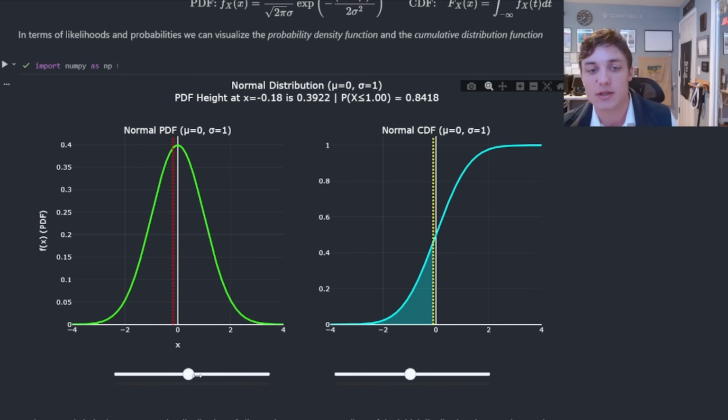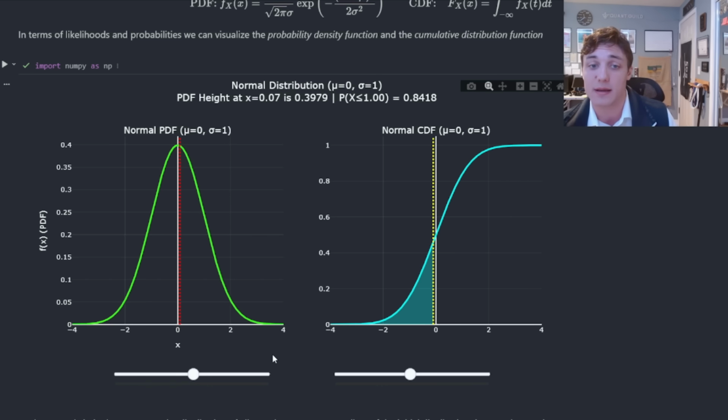So if I said, hey, what's the relative likelihood of points around 0 relative to -2? Well, if you go up and over on this PDF, you can see that there's far more mass underneath 0 than there is -2. So it's more likely we're going to observe points around 0 than we are -2. That's how we interpret the PDF. It is not a probability.